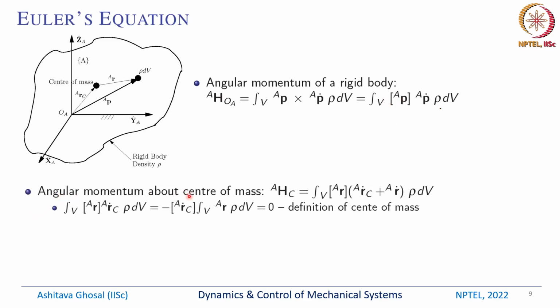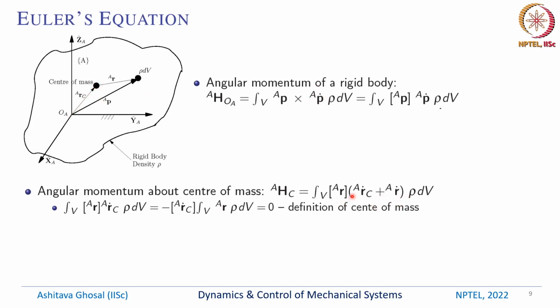So the angular momentum about the center of mass instead of about OA can be written as AHC. Again, A means reference coordinate system A, and C means about the center of mass. We can write this as AR cross ARC dot plus AR dot, because AP dot can be written as the derivative of ARC dot plus AR dot.